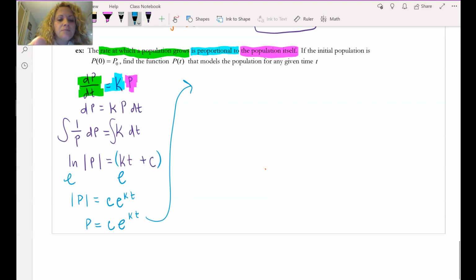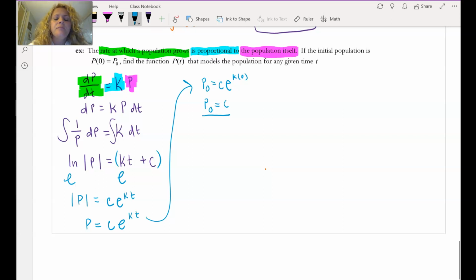All right, so if I go ahead and plug this in, we said that when t is 0, P is going to be P sub 0. All right, so k times 0 is 0, so e to the power of 0 is 1, and we really just get that C, our constant, is P sub 0, our initial population.